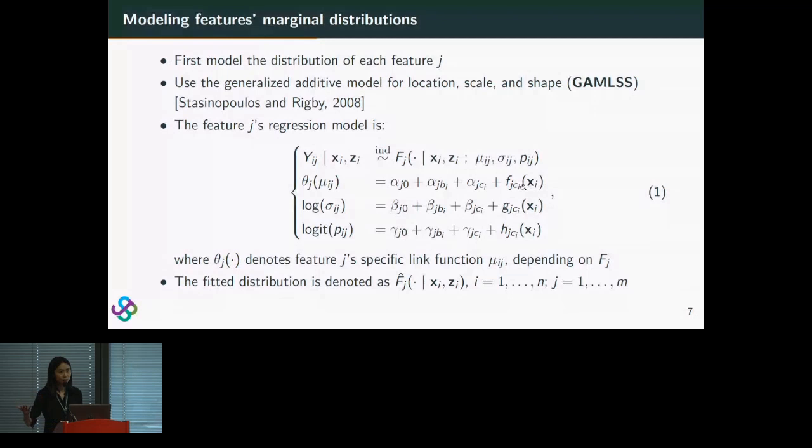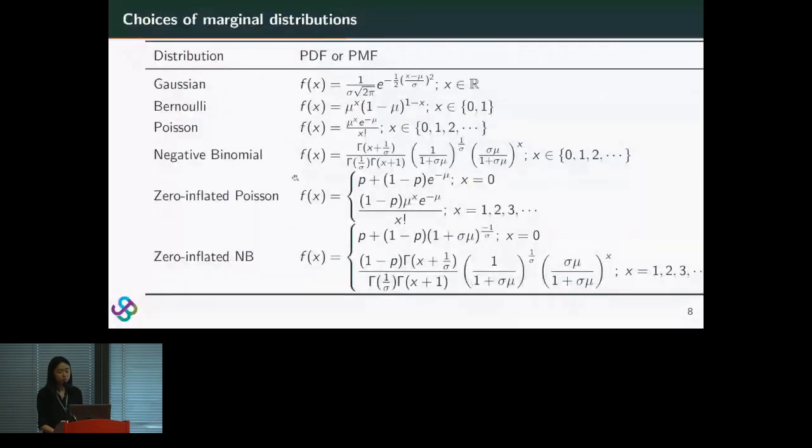And also for spatial data as well. Okay, so assuming we can fit such a model, then for feature j, we will get a fitted distribution given the cell's two sets of covariates. So these are the distributions our model allows: Gaussian, Bernoulli, Poisson, negative binomial, and the zero-inflated Poisson and negative binomial to account for different features and their distributions.